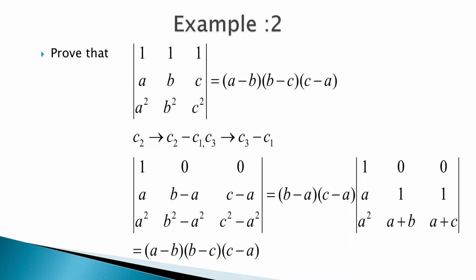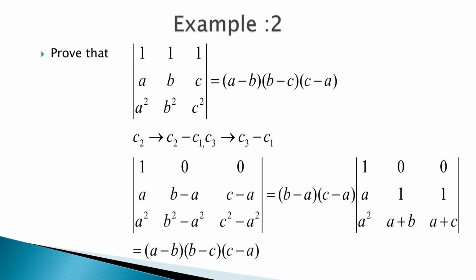Now, the last property, which is an important property: we change C2 to C2 minus C1 and C3 to C3 minus C1, that means column 2 changes to column 2 minus column 1 and column 3 changes to column 3 minus column 1. We have the determinant 1, 0, 0, a, b minus a, c minus a, a square, b square minus a square, c square minus a square.